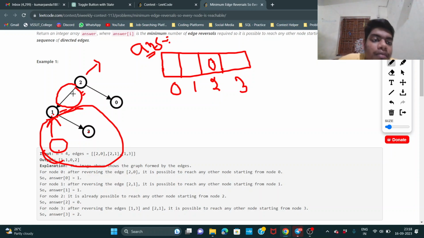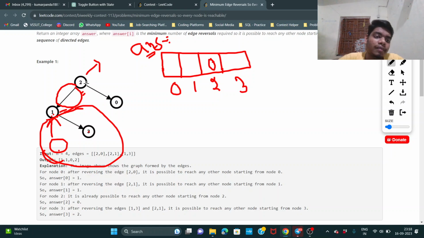See why I do not need to focus on any other node: because while calculating the answer for 2, I have already considered that all the edges are going from 2 to somewhere else. All the edges are going from 2. That is my consideration. By considering this, I have calculated the answer for 2, right?